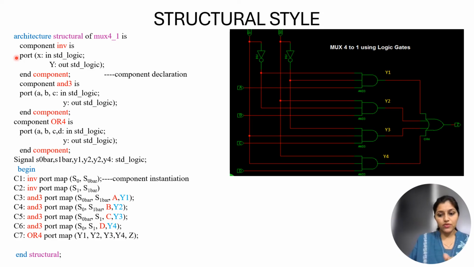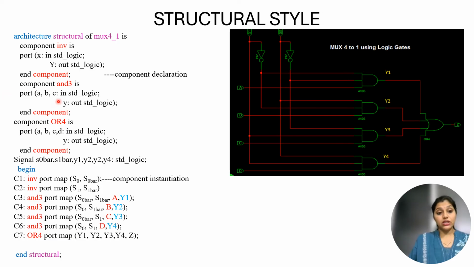Which components are we going to use here? Inverter, AND gate, though they are multiples, one AND gate having 3 inputs, inverter, and 4 input OR gate. Component inverter: in case of an inverter, there is one input and one output. So port X in std_logic, Y out std_logic, end component. Next is the 3 input AND gate.